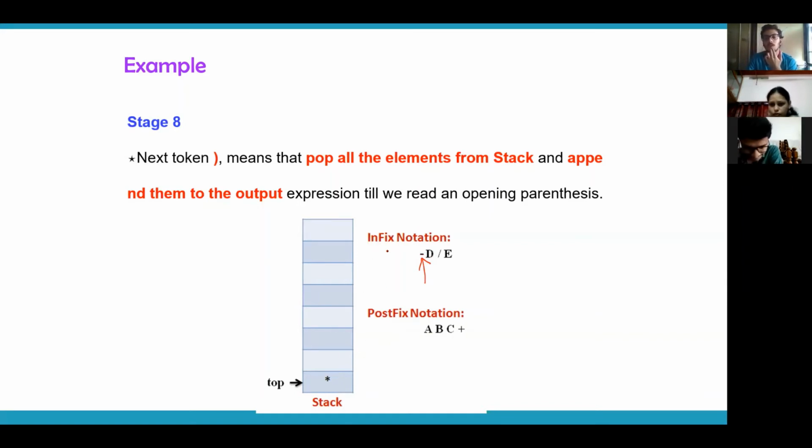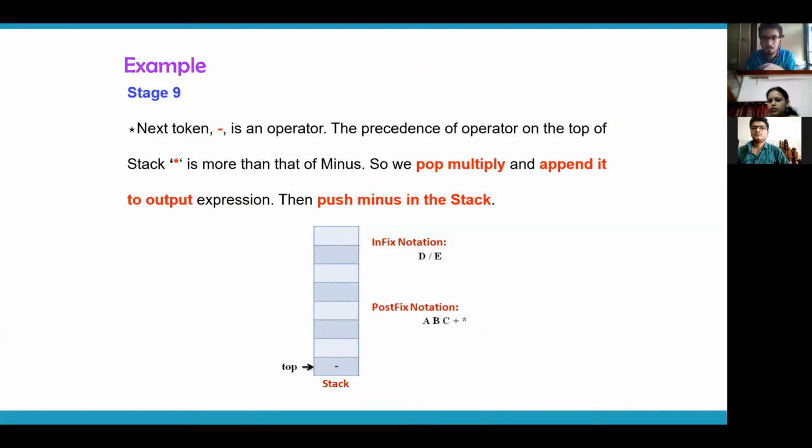So can you entertain it? The person here is a more important person, who would not like to be entertained with a lower priority person. So what you'll have to do is take into out and take minus inside. Do you understand? So into will get appended to the postfix notation and minus will come inside.